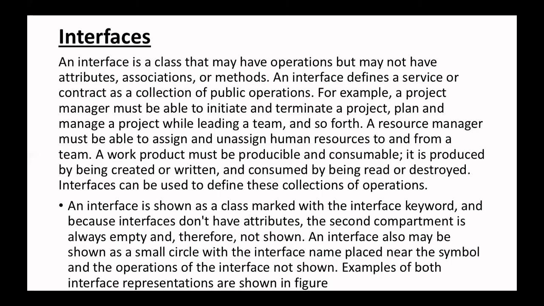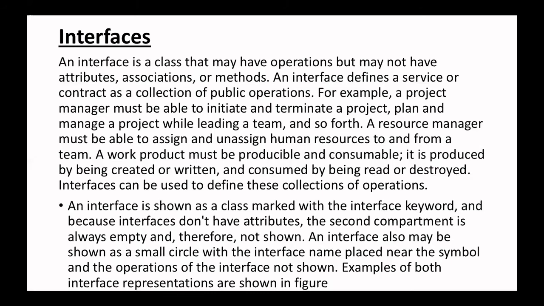So how to design an interface within our development process will also be a very important part. An interface is shown as a class marked with the interface keyword. As we mentioned, when we are designing a type class, we show the keyword type.